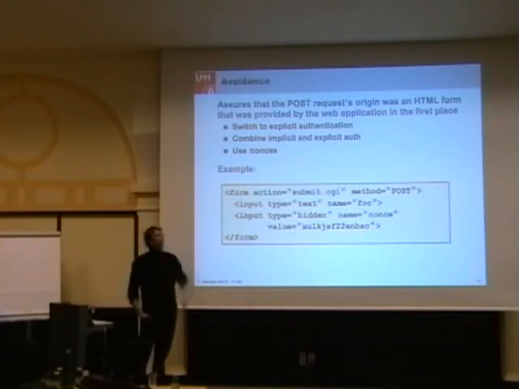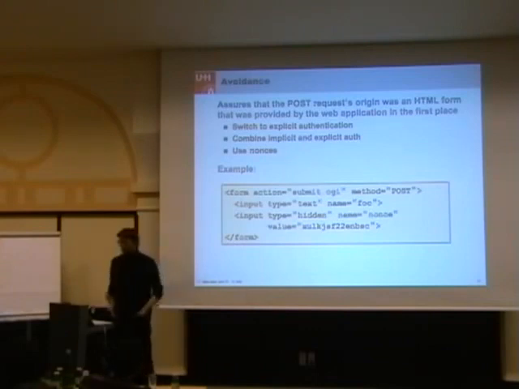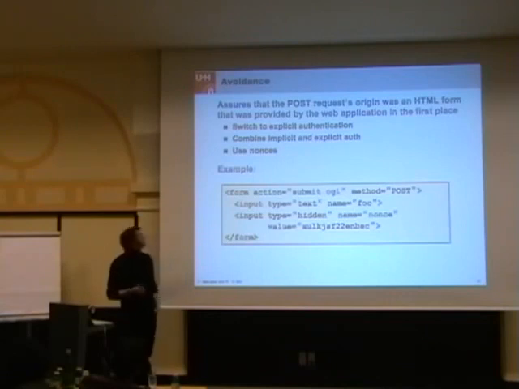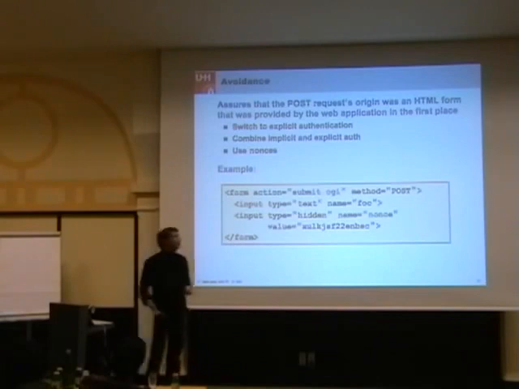You can try to find a framework that allows you to combine implicit and explicit authentication. I'm not aware of a free one that is there right now. I think Microsoft is starting to do something like that. Or you can start using nonces, and this is what you should do if you don't do anything else.